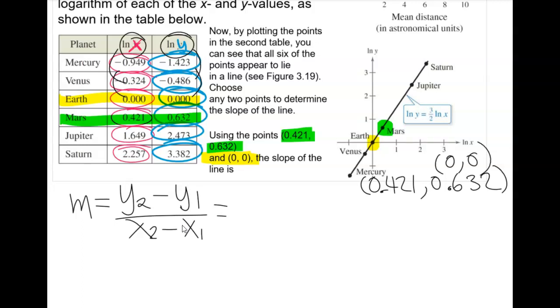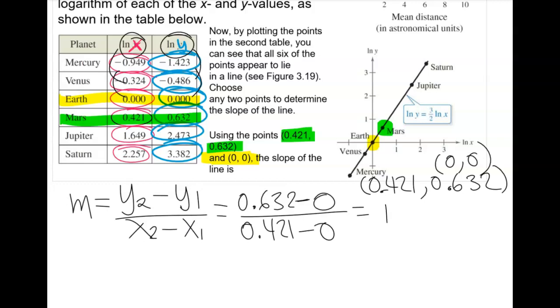So it will be 0.632 minus 0 over 0.421 minus 0. And the answer for that will be 1.5, or we could use 3/2 if WebAssign is being picky and wants fractions or the exact answer.